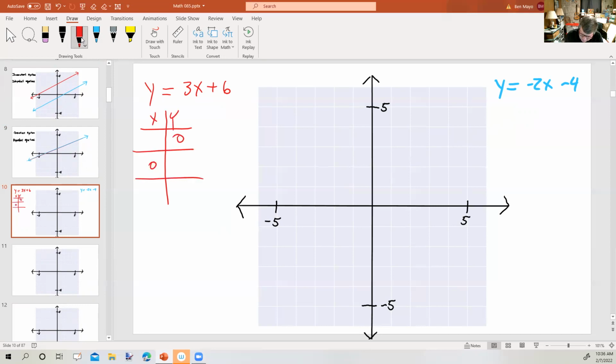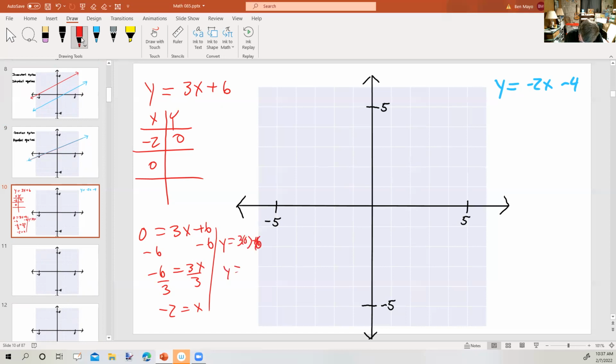So if y is 0, we would get 0 equals 3x plus 6, subtracting 6 from both sides. 3x equals negative 6. Divide by 3, we get x equals negative 2. If x is 0, we get y equals 3 times 0 plus 6, so y equals 6.